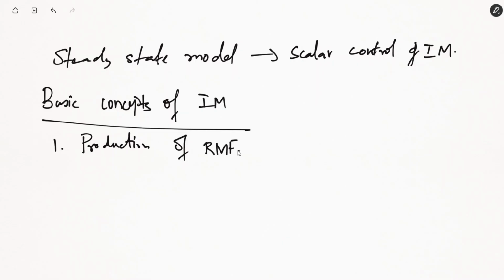So you already know how a rotating magnetic field is produced by three-phase currents in case of any AC machine, in case of any polyphase AC machine. How a rotating magnetic field is produced. Fine.